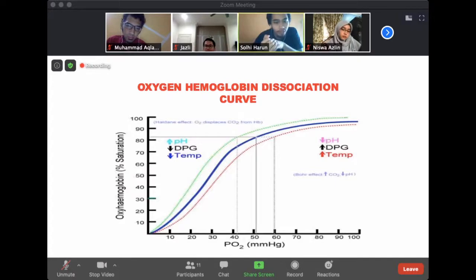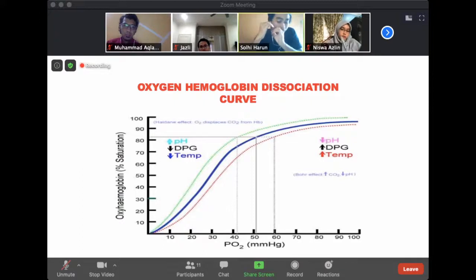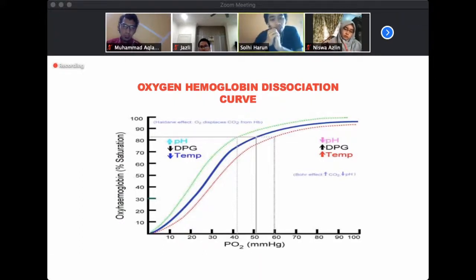And if the body shifts the curve to the left, that means the green curve, the oxygen has higher affinity with hemoglobin, so there will be less unloading. This occurs in certain situations.